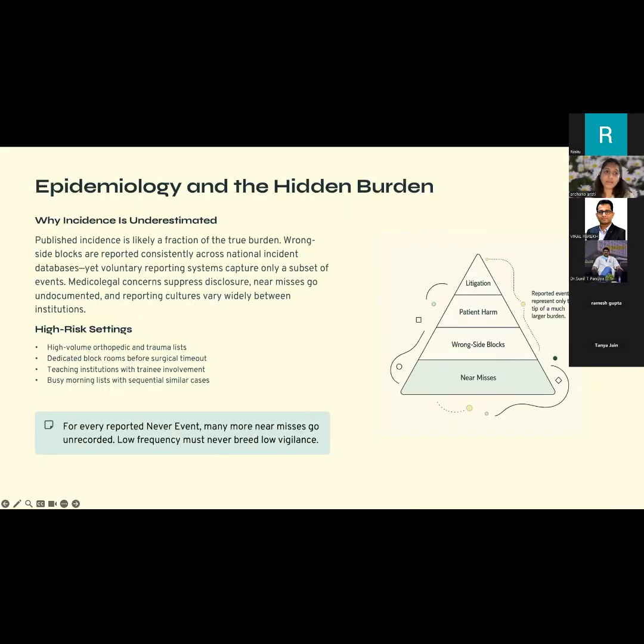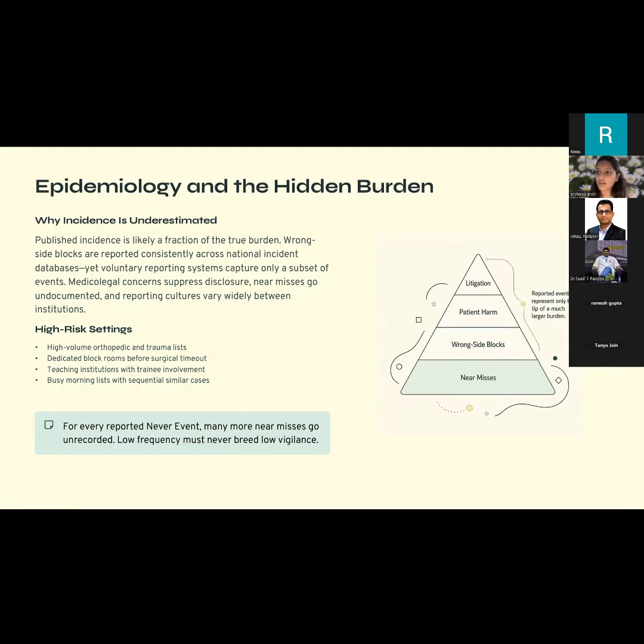So what's the epidemiology behind this, the burden of these kinds of errors? It is an underestimated incidence simply because only a small fraction of them are reported.